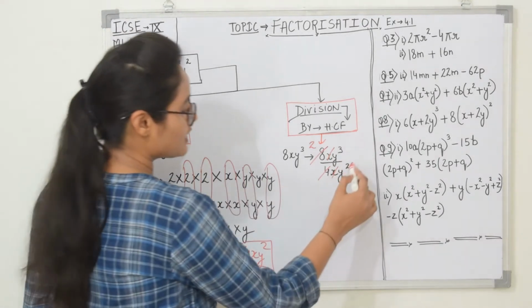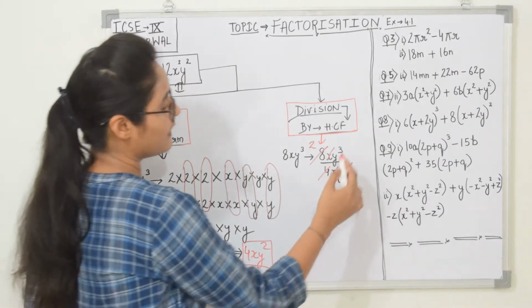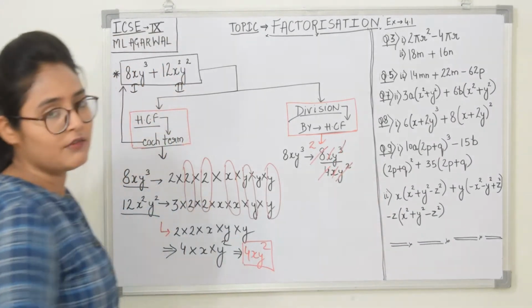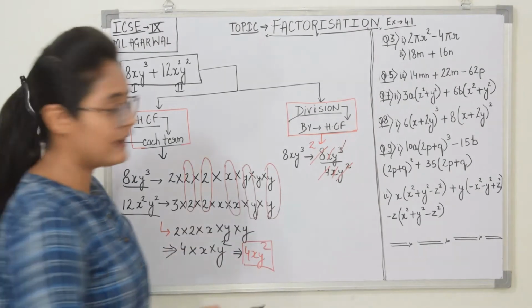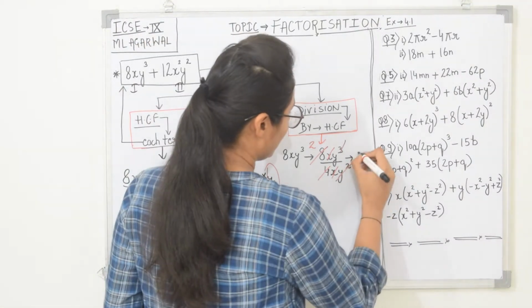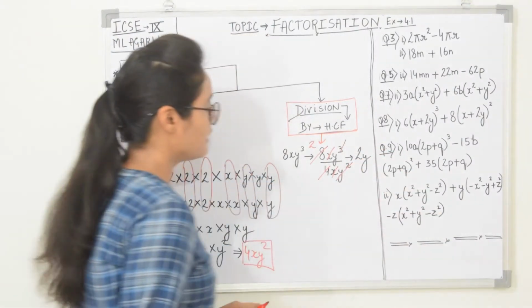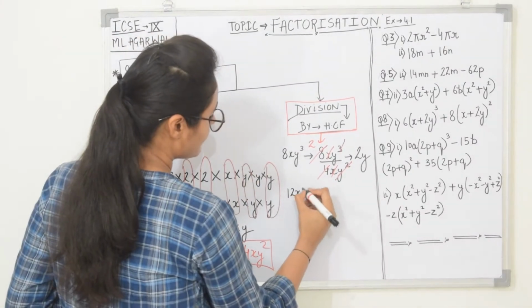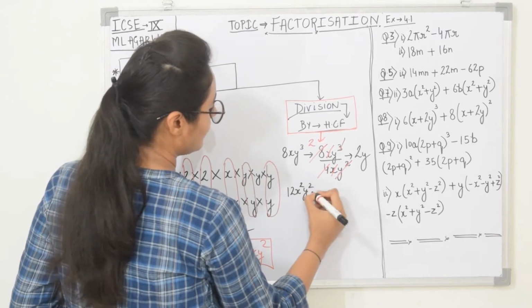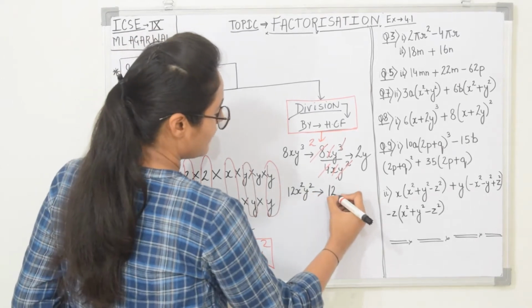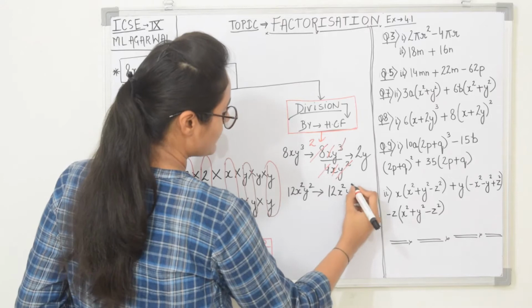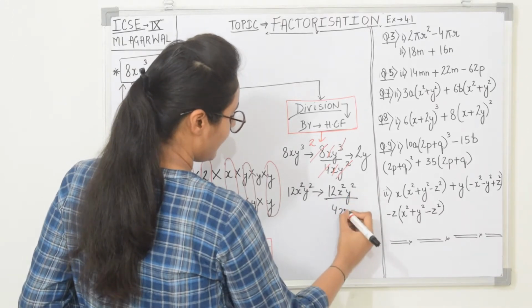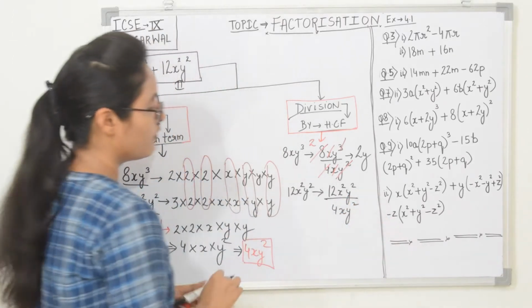We have y square in the denominator, whereas y cube in the numerator, so we are left with 1 y in the numerator. That means we will have only 2y as the quotient. The second term, which was 12x square y square, if we divide 12x square y square by 4xy square, what are we going to get?